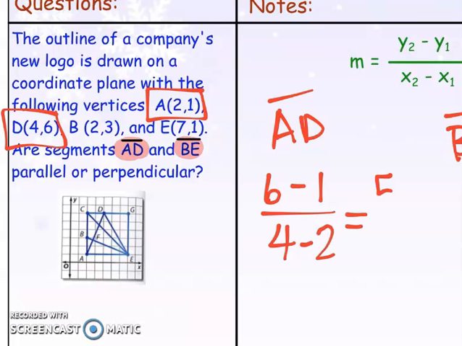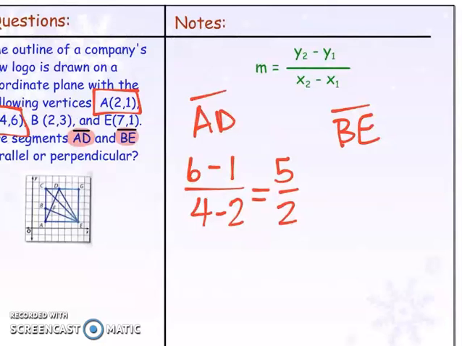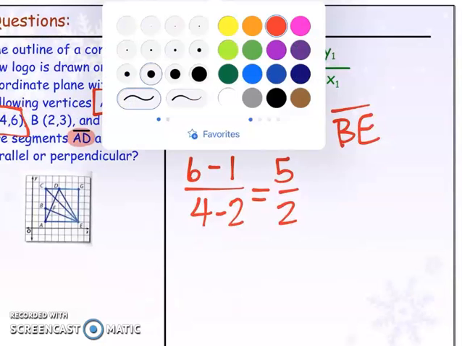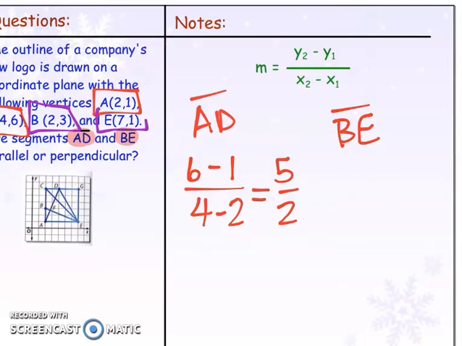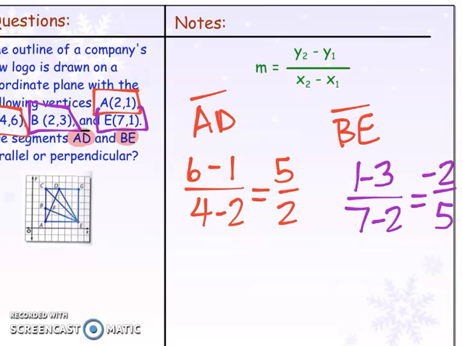So this would be 5 over 2. And then BE, same thing, subtract y coordinates on the top and x coordinates on the bottom. So 1 minus 3, 7 minus 2. So -2/5. So they are perpendicular. So just use the slope formula to answer the question.